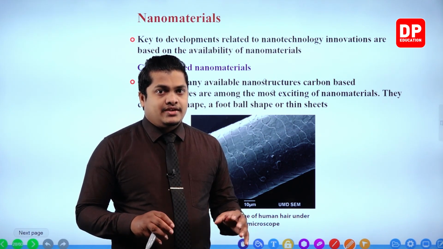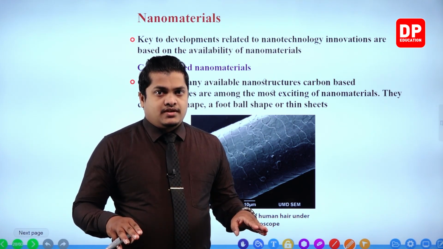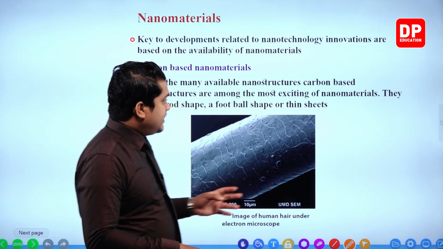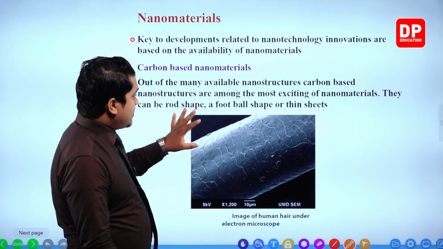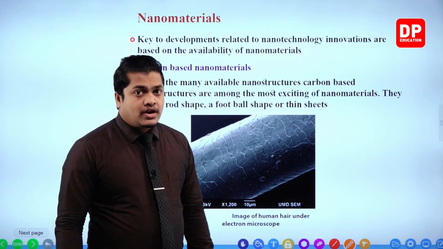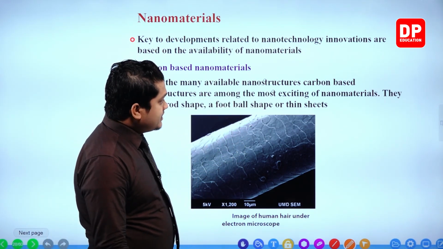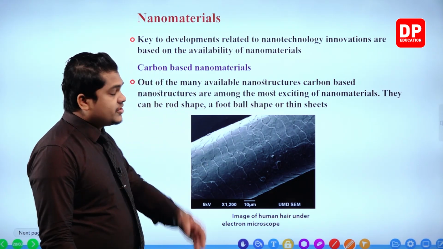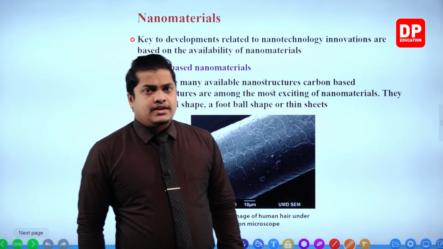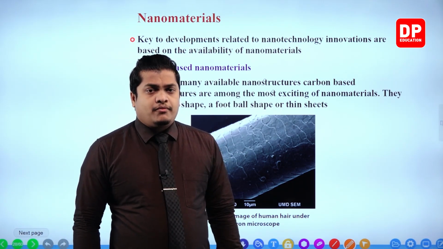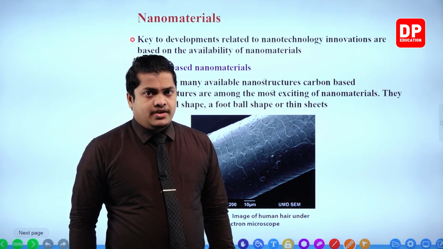Their structures are like a plain surface, or thin sheets. Sometimes they have a football kind of shape, and sometimes a rod shape. So there are several nanoparticles which are made up of carbon.